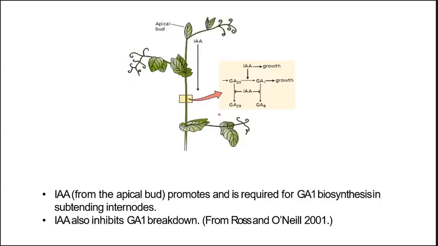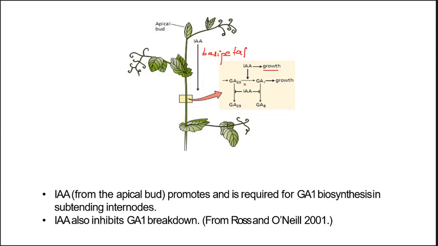So see, in this picture also it is explained that auxin helps in gibberellin biosynthesis. IAA from the apical region promotes and is required for GA1 biosynthesis over here. When IAA is present, it will move down, showing basipetal transport.